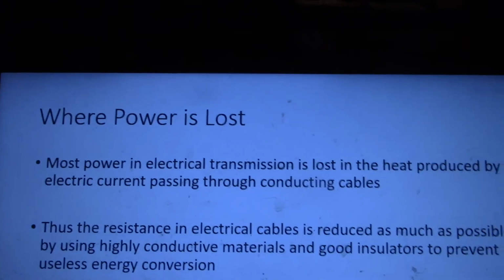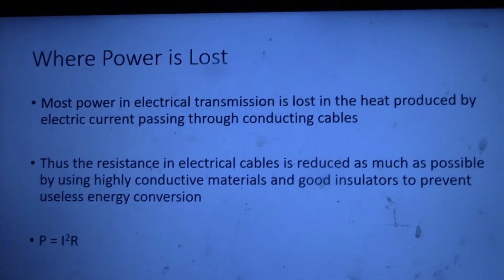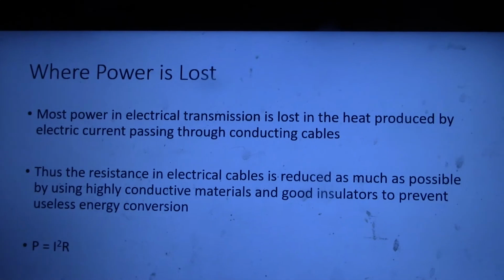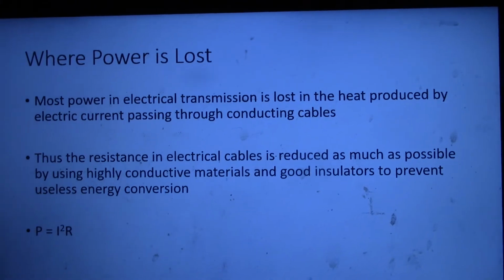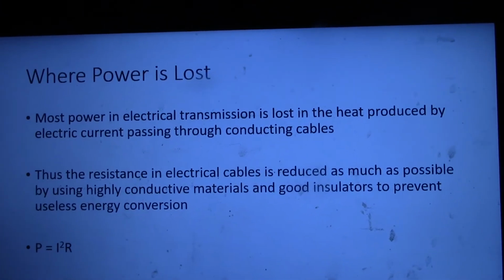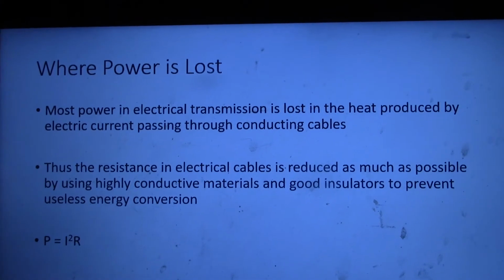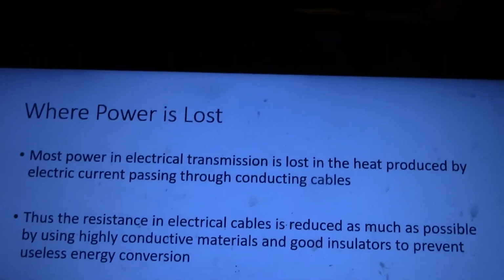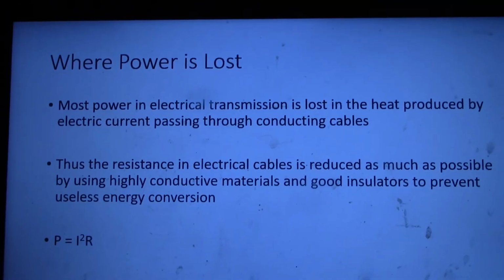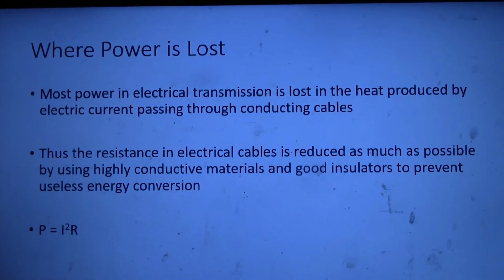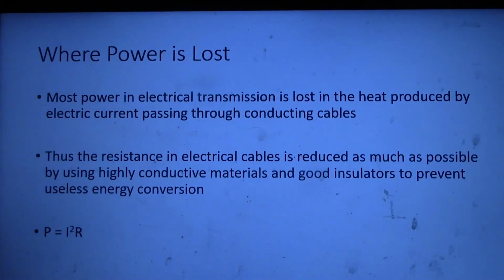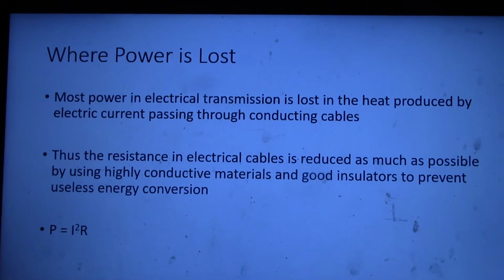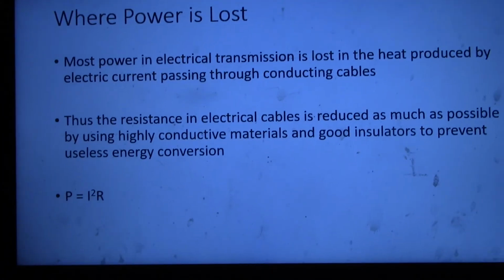So where do we lose power on a grid? Most power in electrical transmission is lost in the heat produced by electric current. As the current moves through wires, it creates friction, and heat is lost because of entropy, right? So disorganized energy is lost. We try to reduce that by making cables as efficient as possible with insulation and very conductive material, cooling it, et cetera.